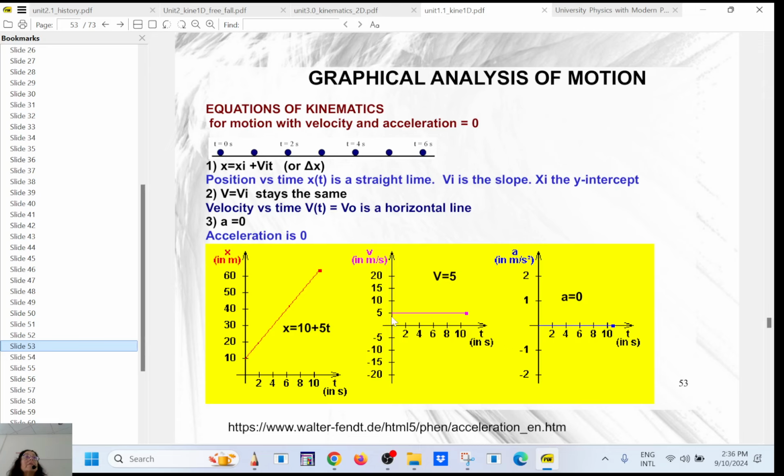So it means every second you're going to cover 5 meters. Agree? Okay, so then you have position as a function of time, and the position will be initial position plus 5t. Do you understand? Because there is no acceleration.